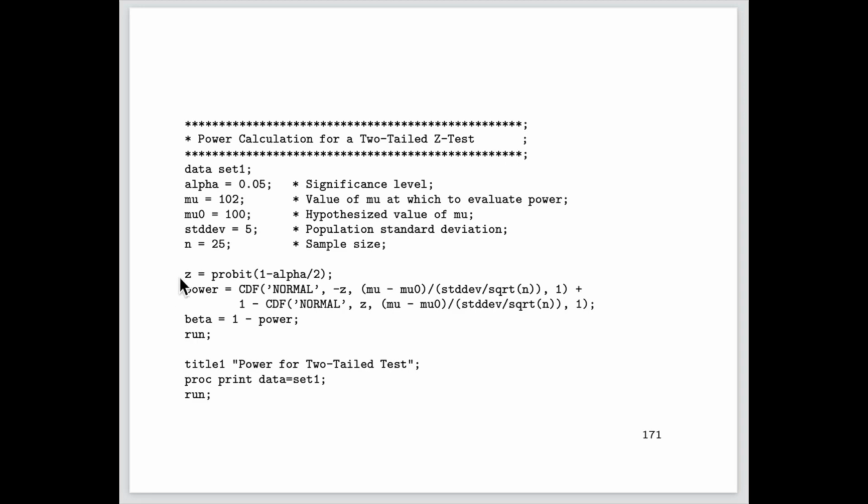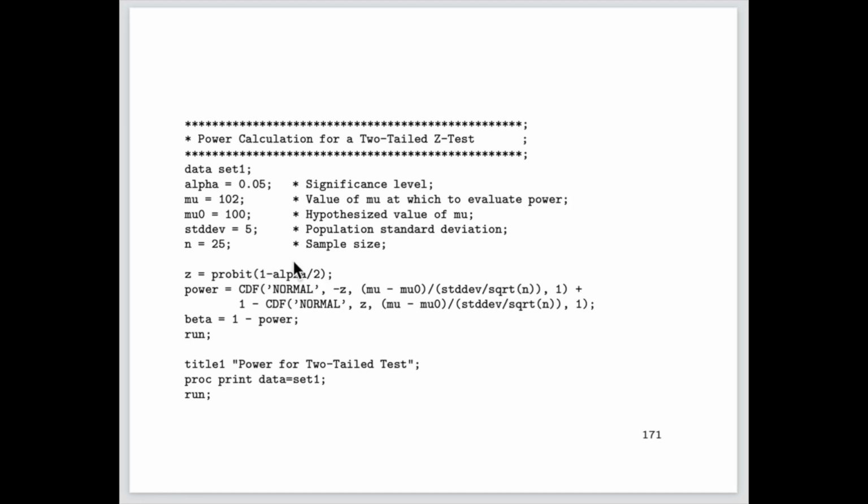Now, the next statement, z equal to probit of 1 minus alpha over 2. Probit is a function in base SAS that looks up a percentage point from a standard normal distribution. And so the value that I need to look up is 1 minus alpha over 2. This is actually looking up the percentiles of a standard normal distribution.